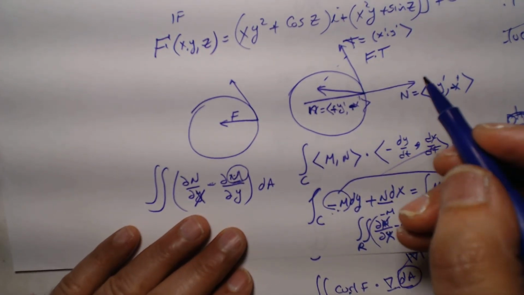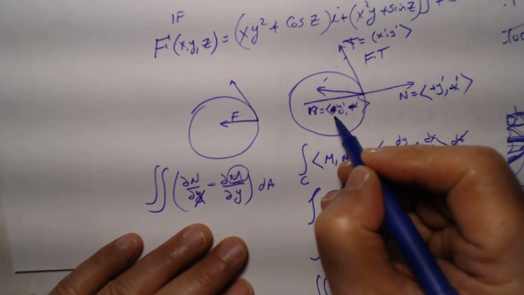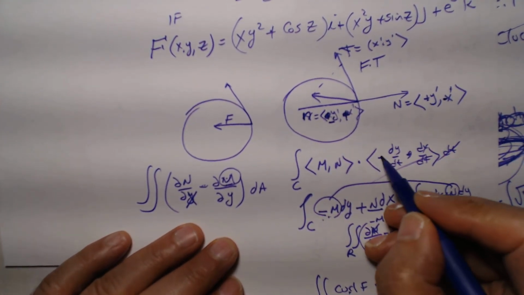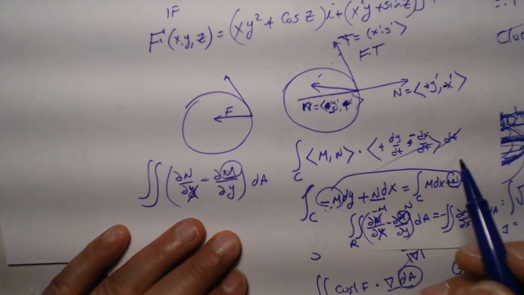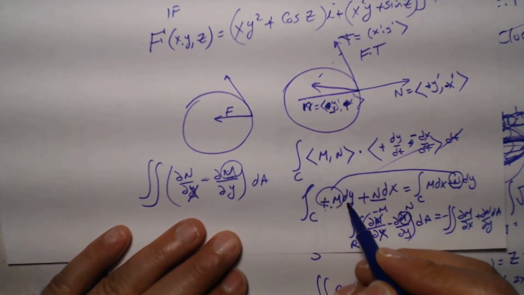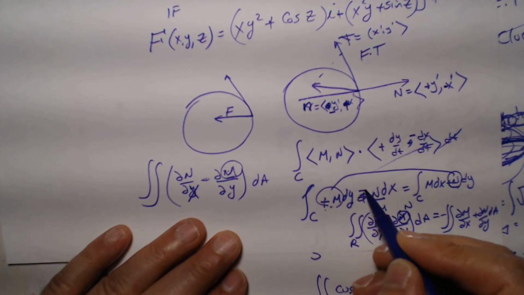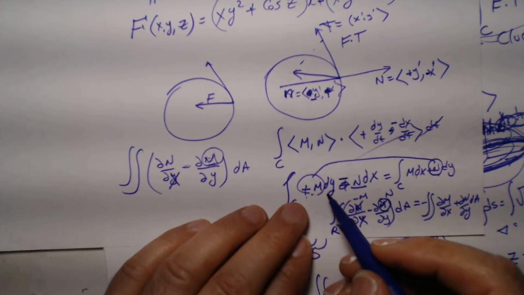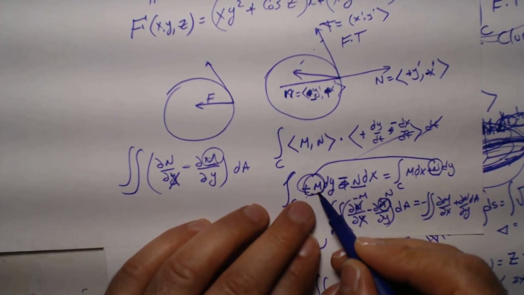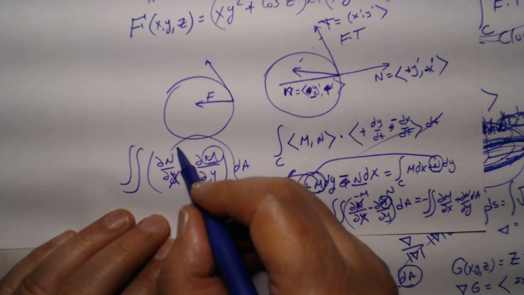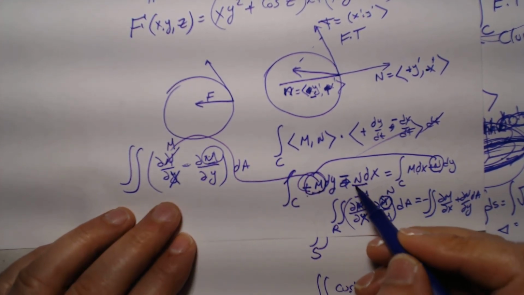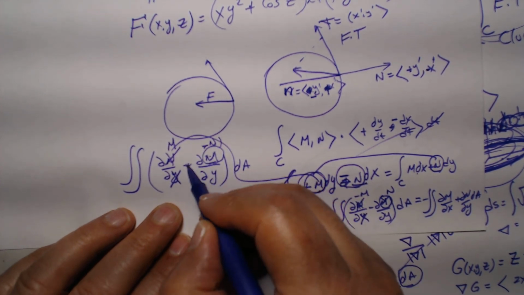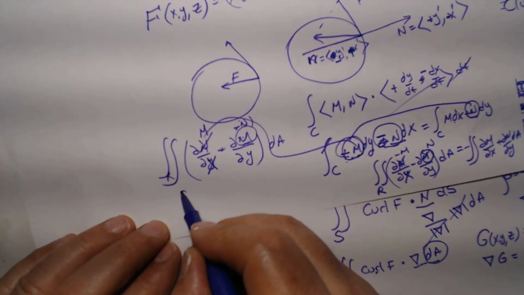I need a negative N, therefore this one I'm going to make a negative, and this one a positive. Right now I have M dy minus N dx. Then my N is M now. This is your M, and your M is negative N. And negative times negative makes a positive, and that becomes the divergence.